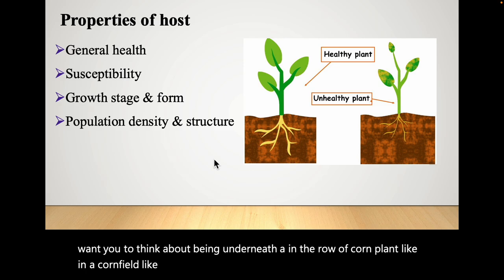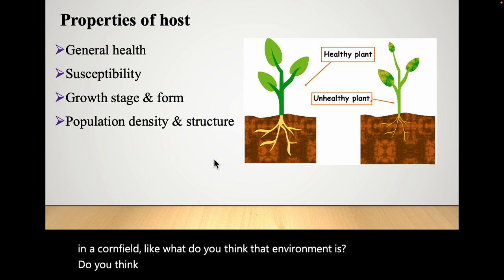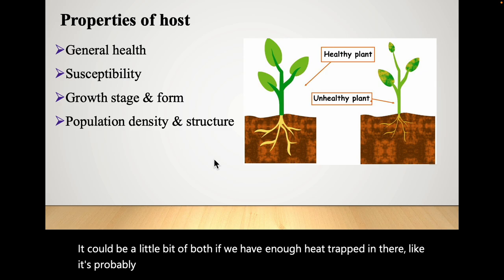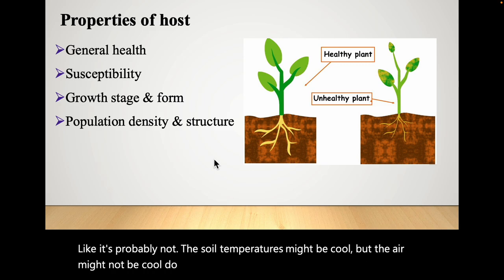What do you think that environment is? Do you think it's hot, or is it cool? Well, it could be a little bit of both. If we have enough heat trapped in there, the soil temperatures might be cool, but the air might not be cool. Do you think that it is humid?